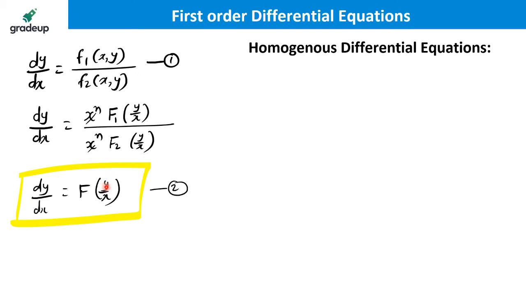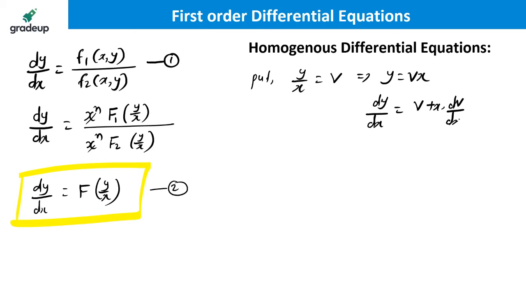So how to solve it? You have to put y by x equal to v. So y equals vx. Differentiate with respect to x, you will be getting dy by dx equal to v plus x dv by dx.